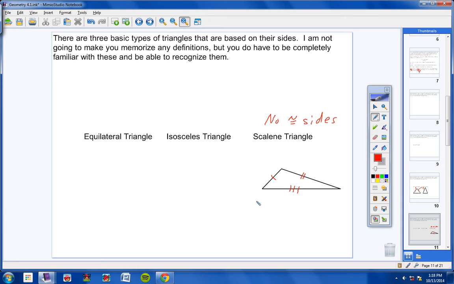So let's quickly review here. An equilateral triangle has to have 3 congruent sides. All 3 sides have to be congruent. An isosceles triangle has to have at least two congruent sides.